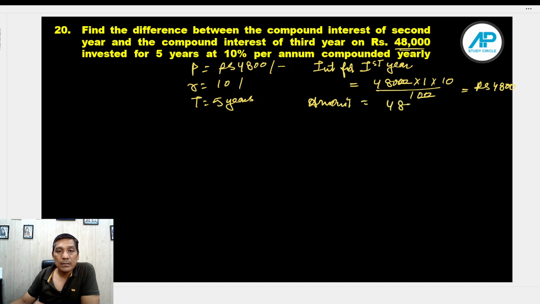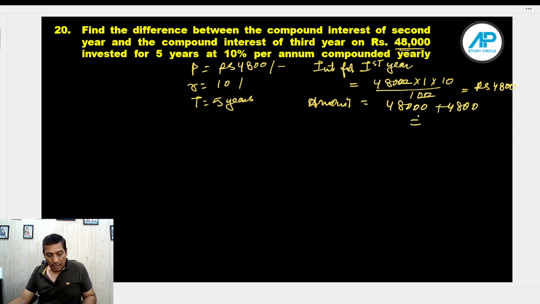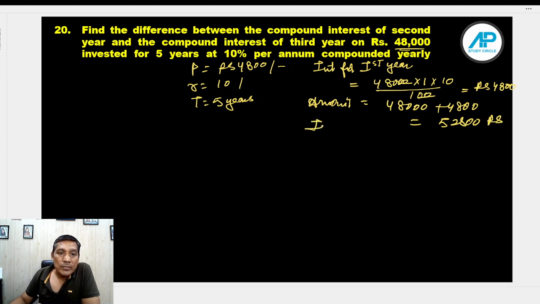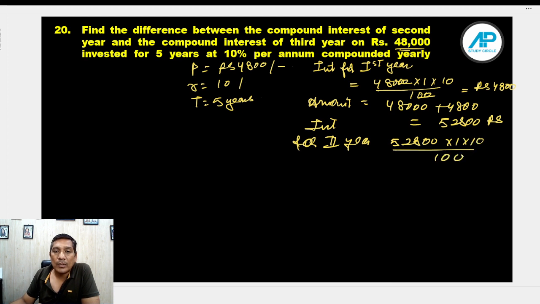Amount is, so I'm adding 48,000 plus 4800. This gives me 52800. Find the interest for the second year. 52800 into 1 into 10 upon 100, and that gives me 5280.